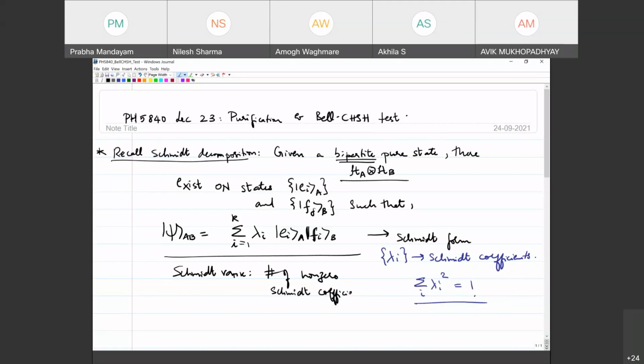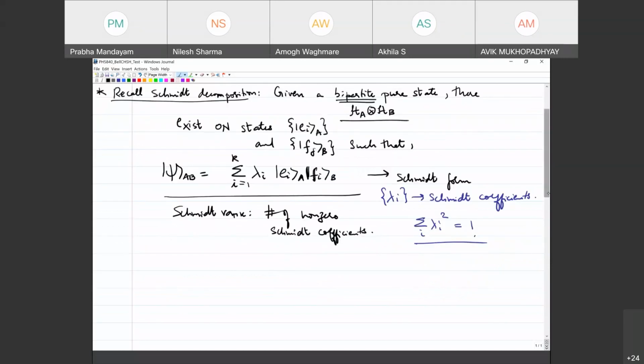And if this is 0, then the state is obviously, sorry, not 0. What should I say? Then is the state unentangled? If the Schmidt rank is 1, correct. So if the Schmidt rank is 1, the state is unentangled. And if the Schmidt rank is strictly greater than 1, the state is entangled.